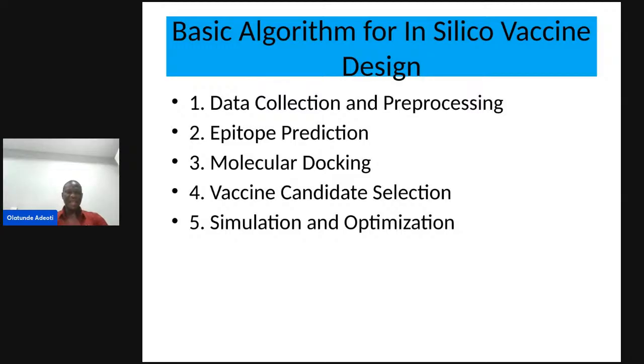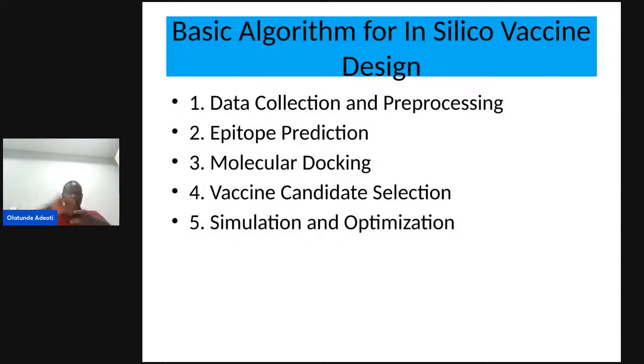Then the last one is going to be simulation and optimization. There are also different software that you can use for this. For example, we can make use of GROMACS to optimize the vaccine design.